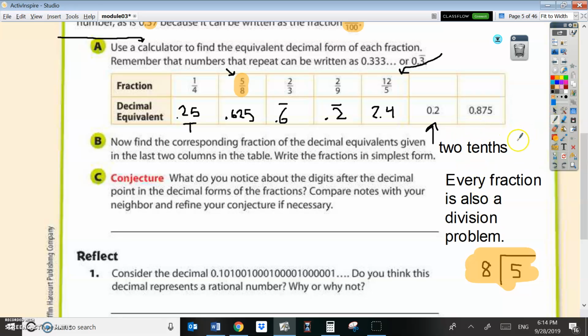Because it's 4/10, you say 10 is the denominator, and there are 4 of those. But that could be simplified to 2/5.